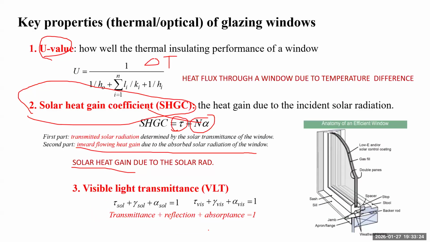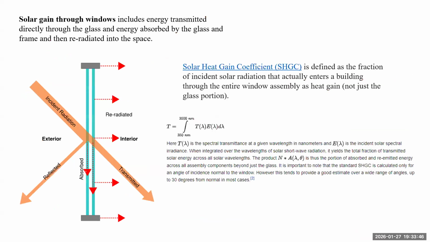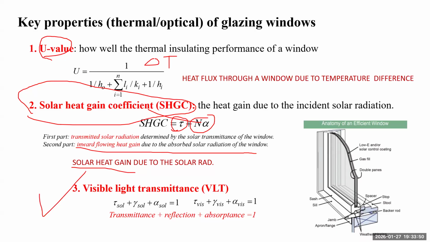And sure, for windows, the first reason we introduce glass is that it has visible light transmittance, right? If it's opaque, we don't want it.